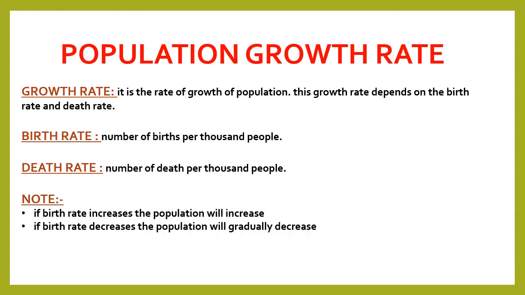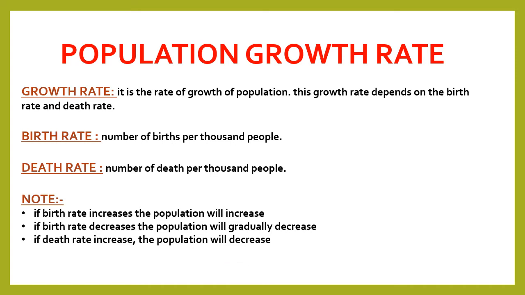Means if children are born and they die of different epidemics, or if only a few number of children are born that year, then growth rate will gradually decrease. If death rate increases, the population will decrease.